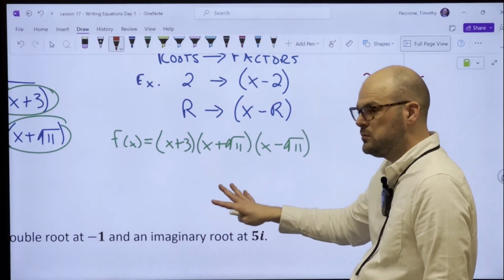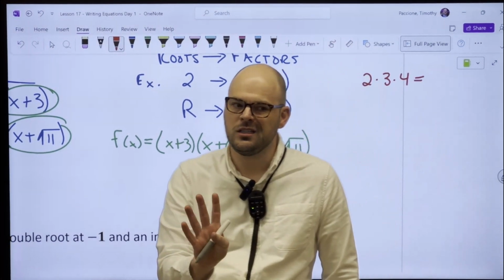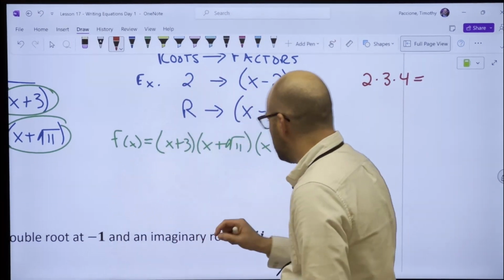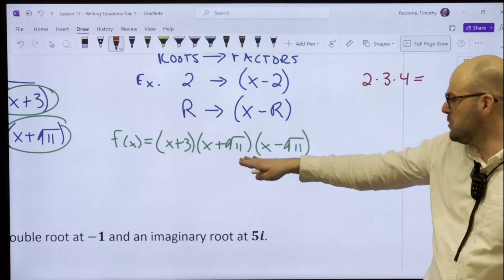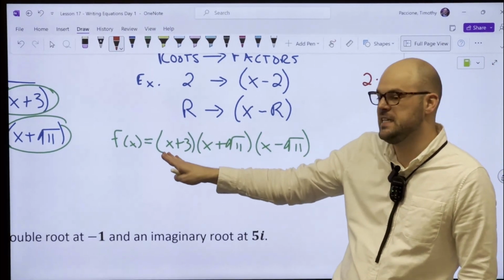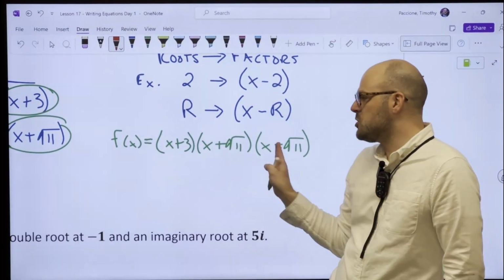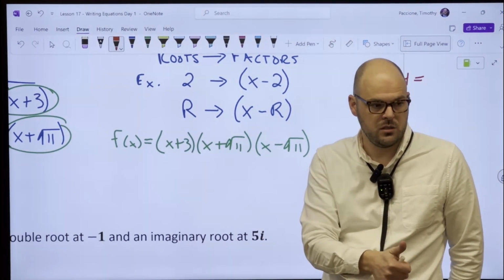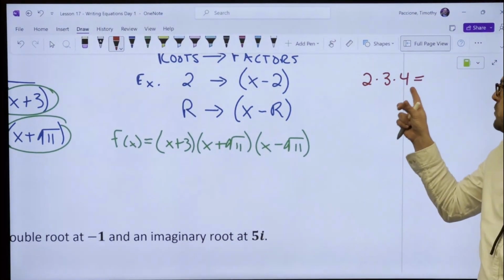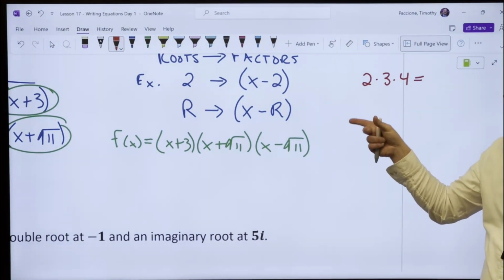Same deal, except here, I kind of want to do the 3 times 4 first. I want to do this times this, because this looks like the easy thing to do at the end. These look like they go together. So I'm going to do the weird ones first, right? Just like I could have done 3 times 4 is 12, 12 times 2 is 24, and got the same answer.